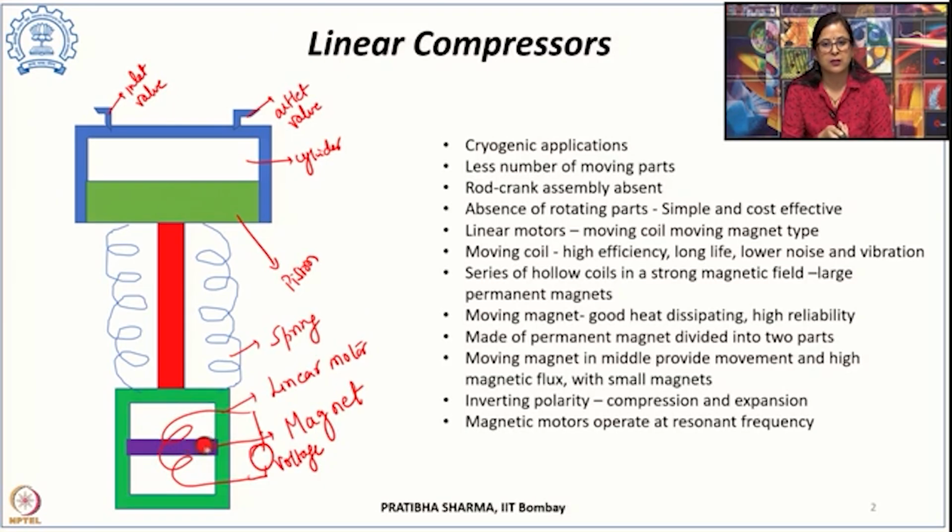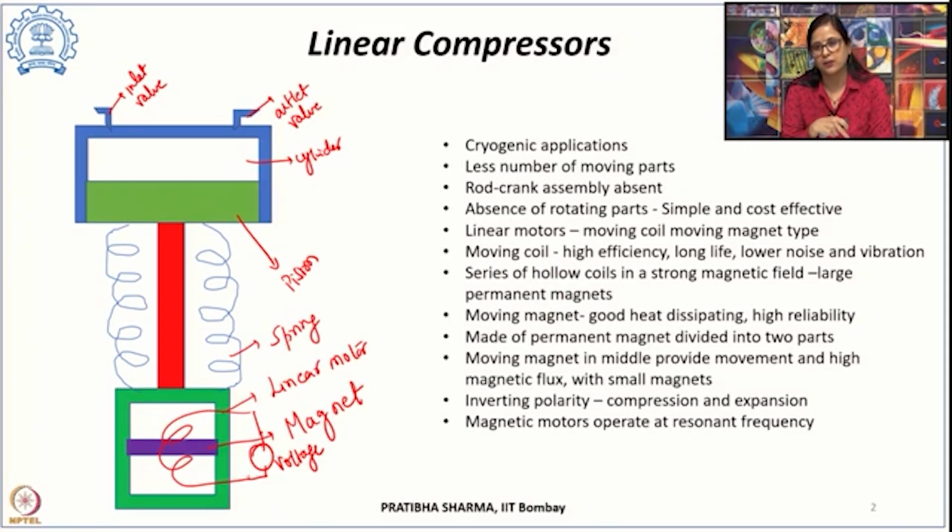But in the case of moving coil type of linear motors, the requirement is of a large permanent magnet, and that becomes the major disadvantage of these moving coil type of linear motors, which are actually used for various aerospace applications.